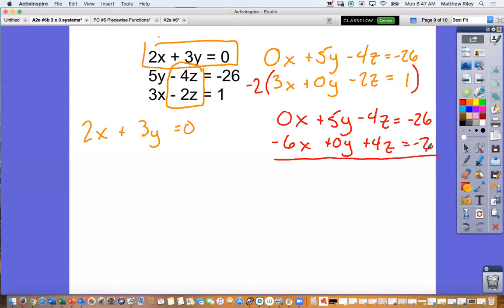Now, I did not have to put in the 0x and the 0y. I'm simply putting it there to line up all of my variables. Any questions so far?